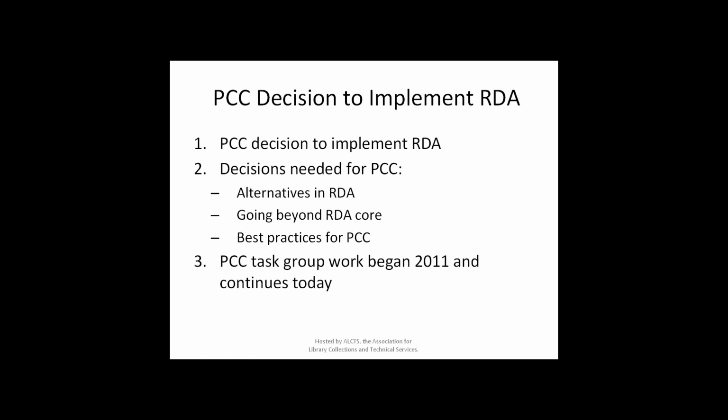And so the questions are, should PCC as a group follow these alternatives as given in RDA, or should it be left up to cataloger judgment? RDA itself provides a core set of requirements, and so there are questions about, well, should PCC as a program decide to go beyond the RDA core in certain circumstances?